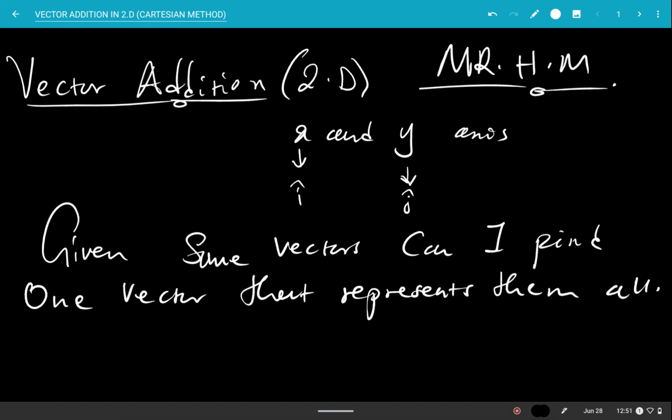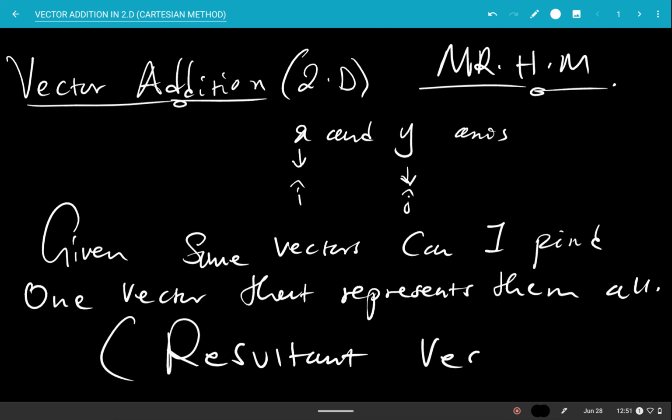This vector that represents them all is called the resultant vector. Let's not forget that. Given multiple vectors, for instance forces, there will always exist a single vector that represents them all, and that single vector is what we call the resultant vector.